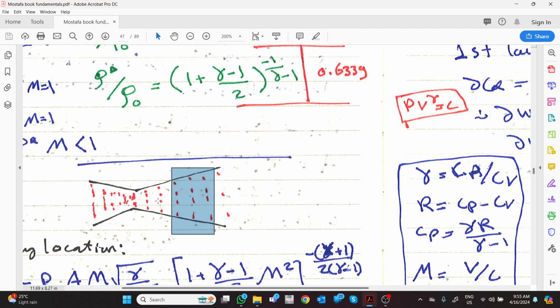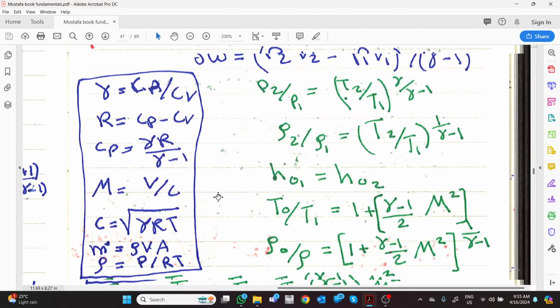But why is the velocity increased? It is due to the mass flow being constant. When the flow moves from one section to another, while the Mach number is already 1 or more, here 1, and the area increases, by logic the mass flow is constant.